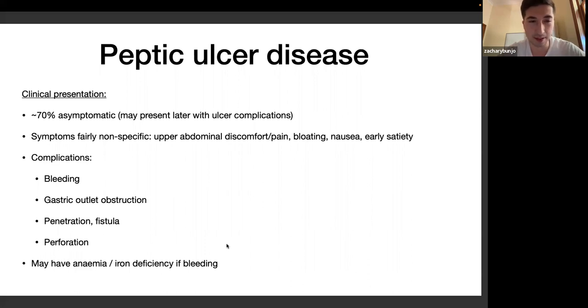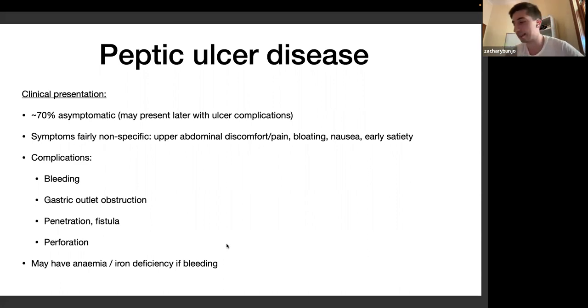Gastric outlet obstruction is a possibility, particularly if they've got a more distal ulcer that's large or is causing quite significant scar tissue formation. Penetration and fistula are possible complications that can penetrate through to the pancreas that lies just behind the stomach.